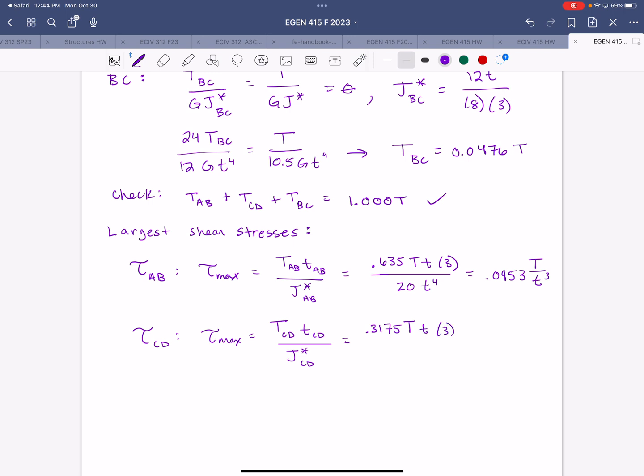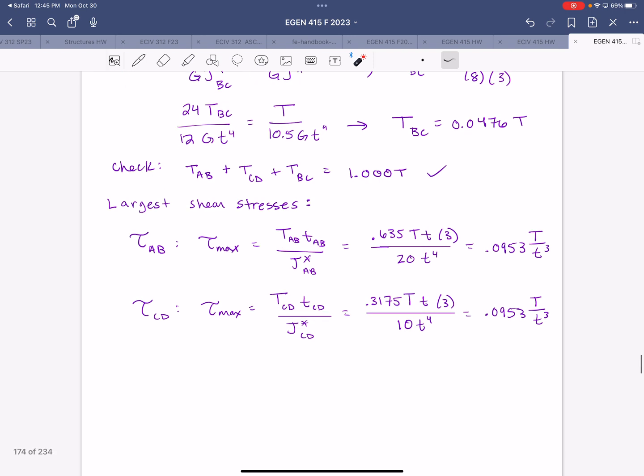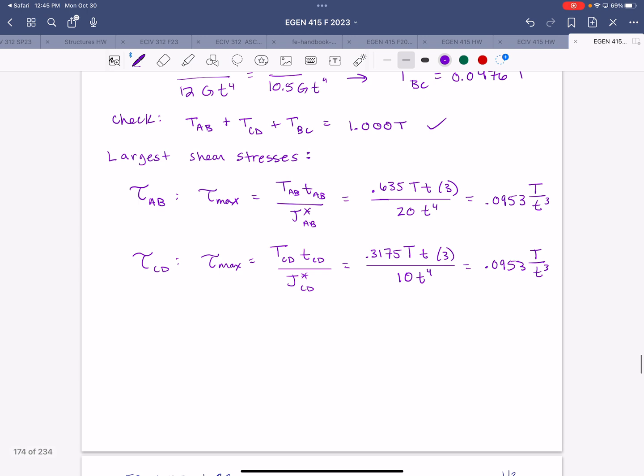Thickness, and then 3 all in the numerator, and 10 lowercase t to the fourth in the denominator, which also gives us 0.0953 times torque over t cubed. So interestingly, those two flanges have the same maximum shear stresses in them, even though they resist different levels of torque, right? But that also makes sense because they have different lengths. So one will naturally be able to handle more torque than the other. All right, so those are the flanges.